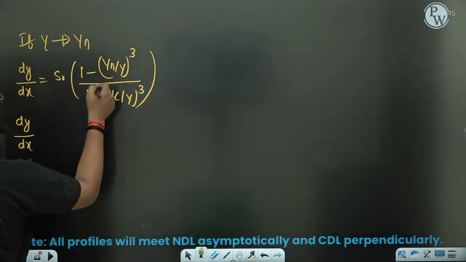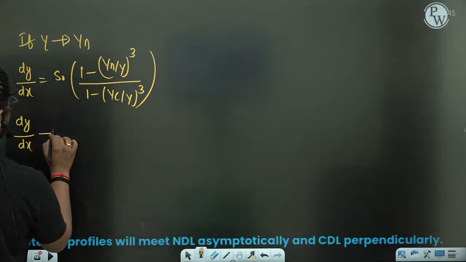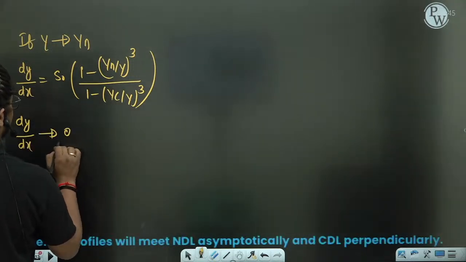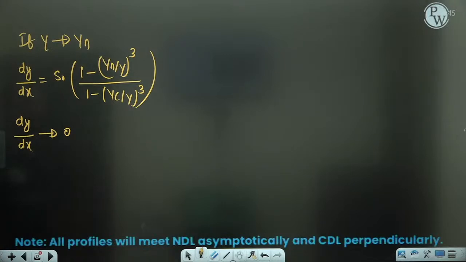So dy upon dx is equal to 0, which means the slope tends to 0. That means the water surface tries to meet the NDL line asymptotically.